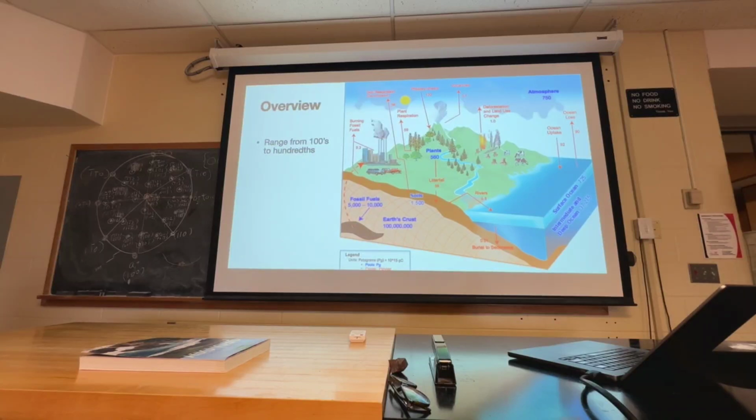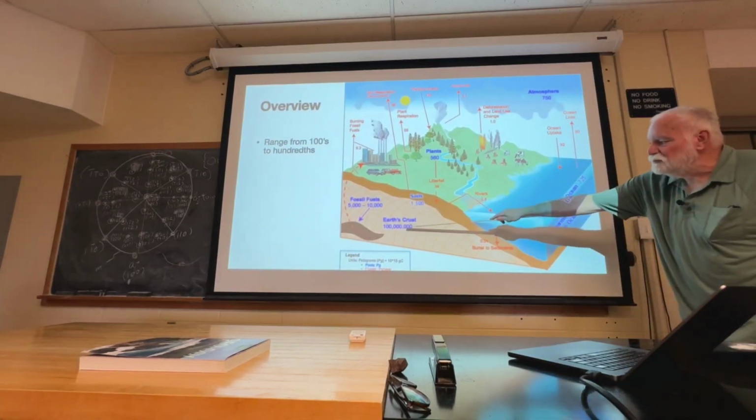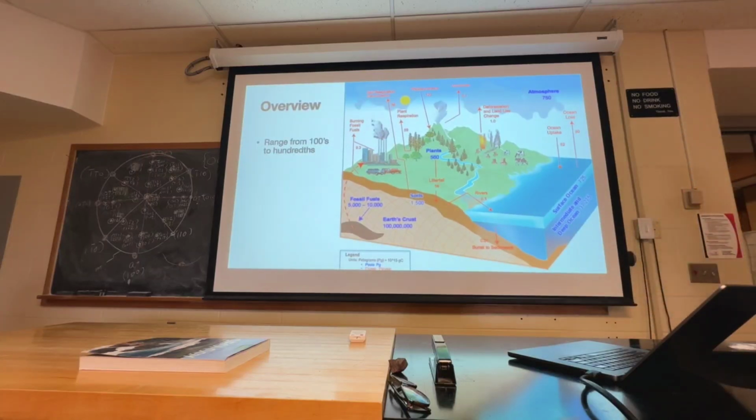What are some of the pools that we're worried about here? Yes, fossil fuels, the atmosphere. And so those are the blue numbers, and there's only about 3 or 4 of them in this particular diagram. Okay? What are the red arrows?